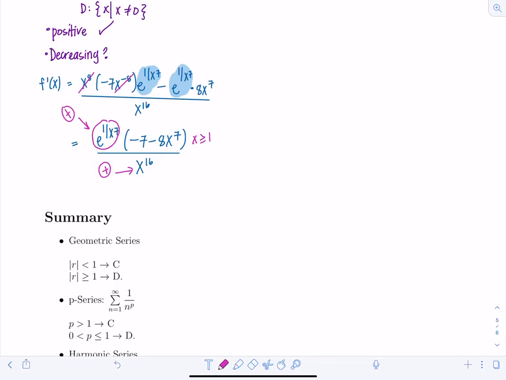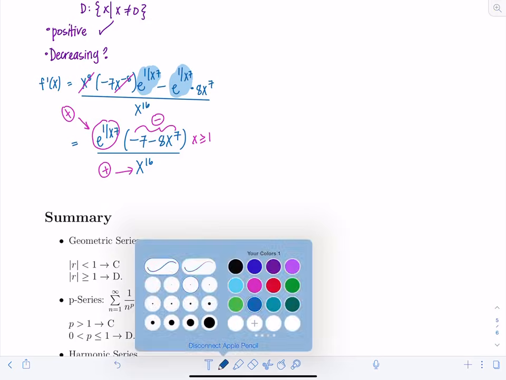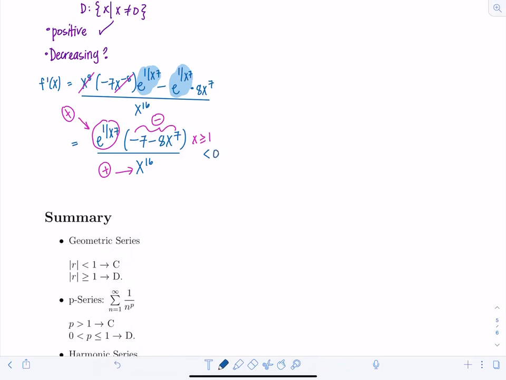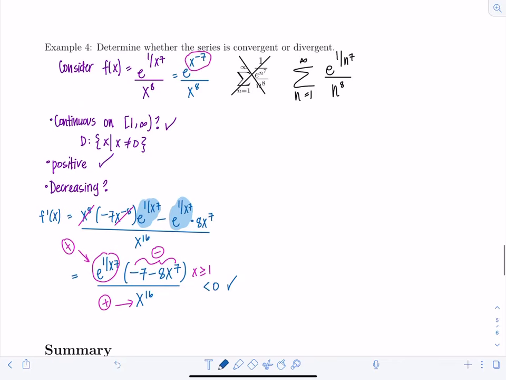So if I'm only plugging in values for x that are greater than or equal to 1, negative 7 minus 8 times something greater than or equal to 1, this is always going to be negative. So for sure, I can say the derivative is negative on this interval, so it's decreasing. Great. All that means is I'm allowed to use the integral test now. So let's do it.